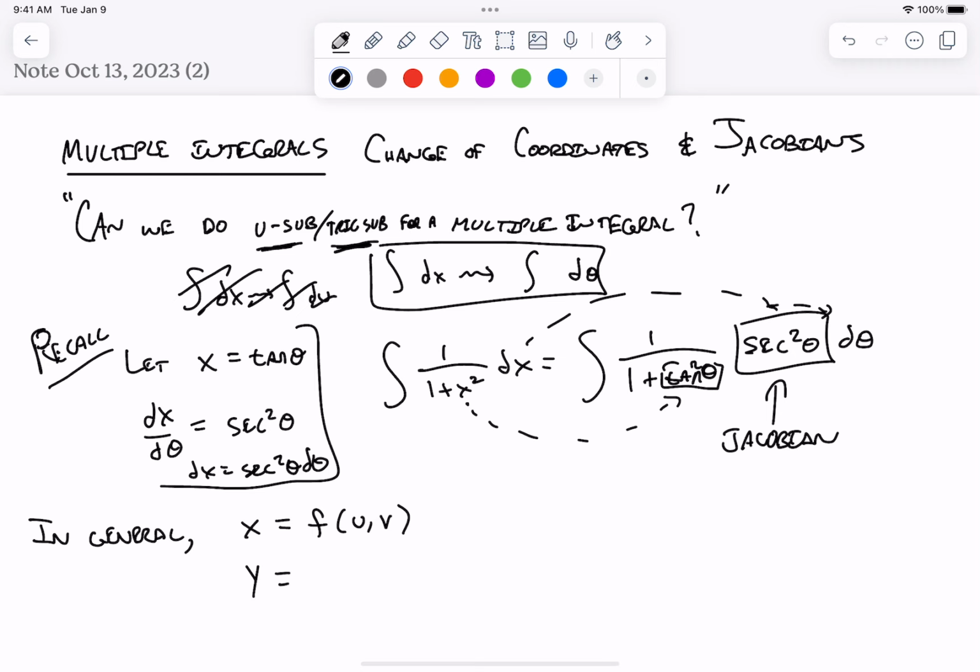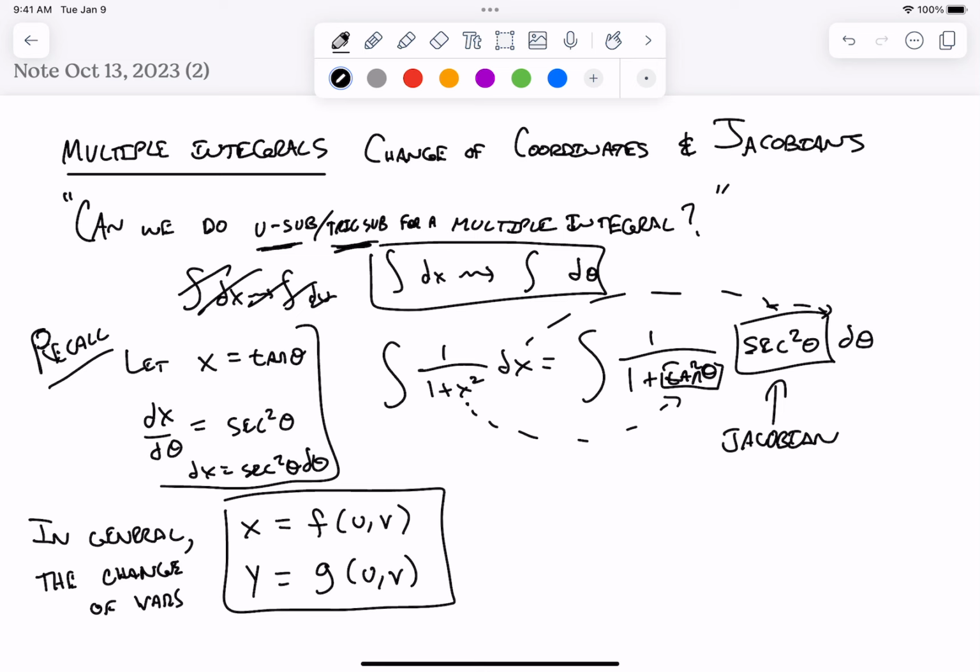You'll also have y, because we're doing multiple integrals, and y can also become a function of u and v. So for this change of variables, just like we wanted to plug tangent of theta into the single integral, here we have some function f of u, v that I want to plug in for x, and some function g of u, v that I want to plug in for y.